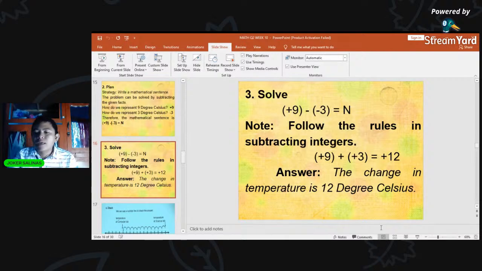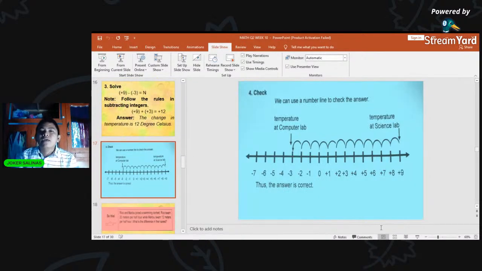To check if your answer is correct, we could use a number line. The temperature at the computer lab is negative 3 degrees Celsius, while the temperature at the science lab is positive 9 degrees Celsius.